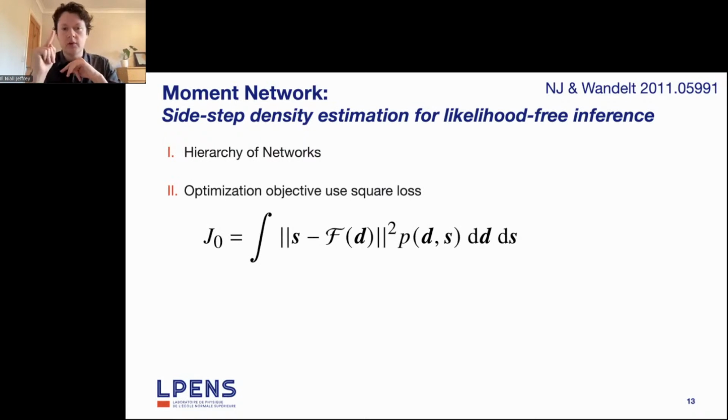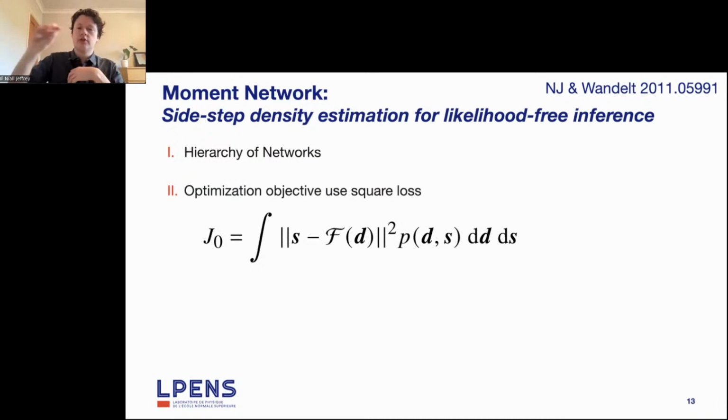The first network, this F here, will find for us the mean of the posterior distribution for each parameter. We have a network F that takes in data, and we have our simulated data and its label of the true signal, providing that the true signal has been drawn from the prior we want to use.